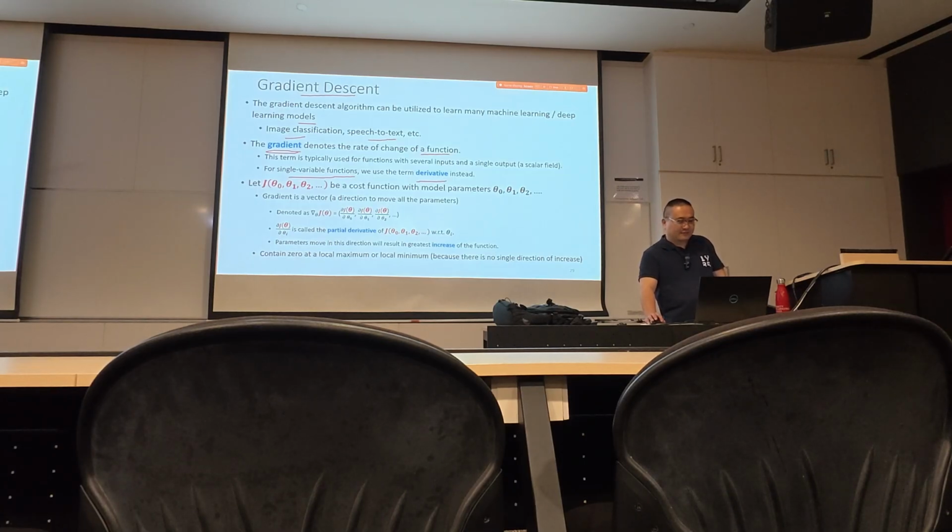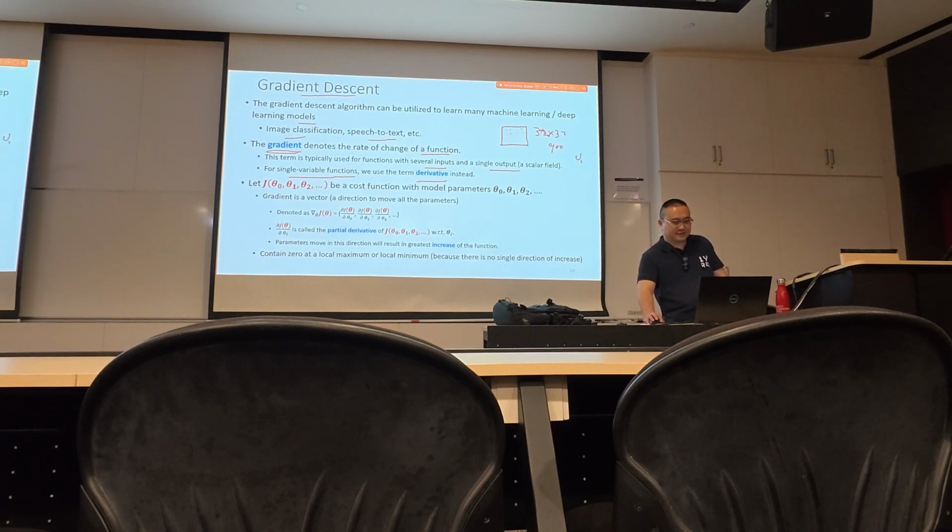Now we are facing a function with several inputs and a single output. An example is, given an image, an image has a lot of pixels. For example, an image at 32 by 32, such a small image actually has over 900 inputs, and the output is just a single value. For example, the output is a probability that the image is a cat.